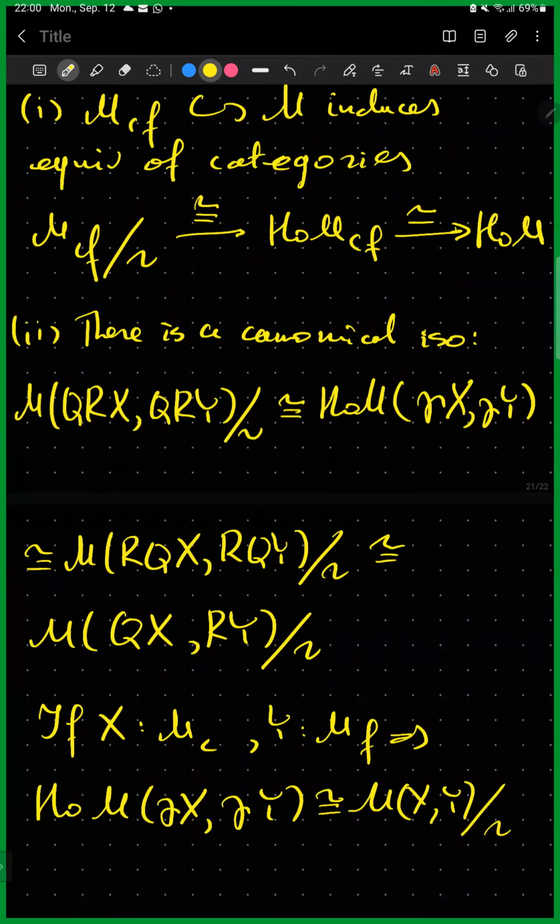In particular, this means that the homotopy category of a model category is a category without passing to a higher universe.